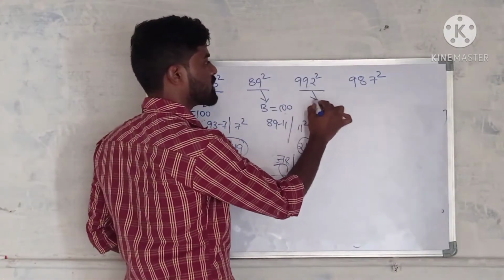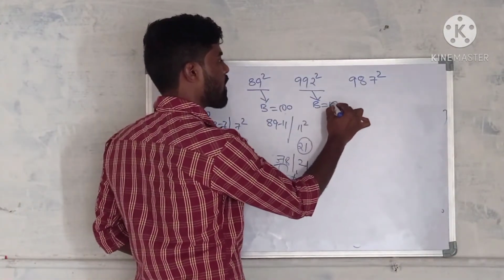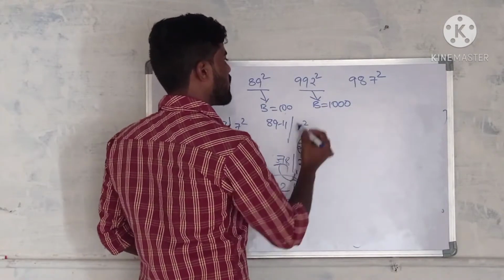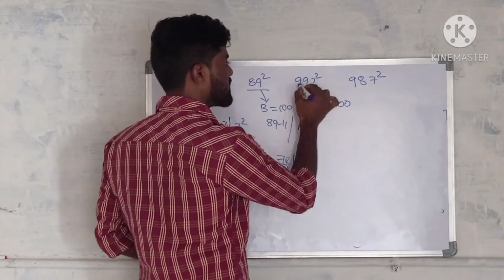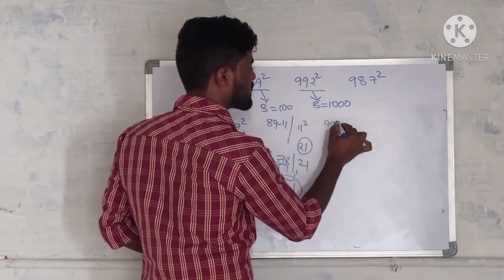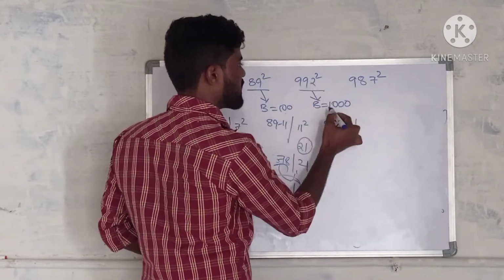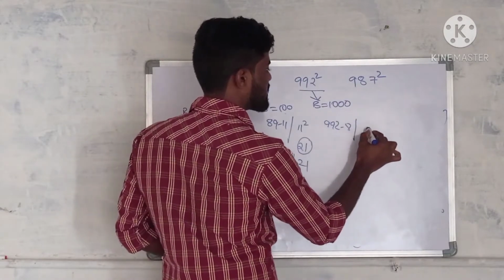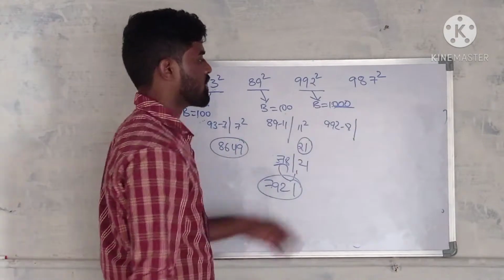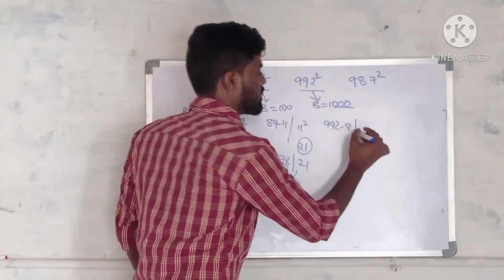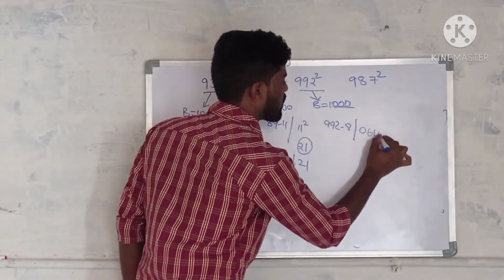992 square is near to base 1000. 992 is 8 less than 1000, that means LHS becomes 992 minus 8, and RHS becomes 8 square, that is 64. But here the base contains 3 zeros, that means RHS should contain 3 digits, so we write 064.